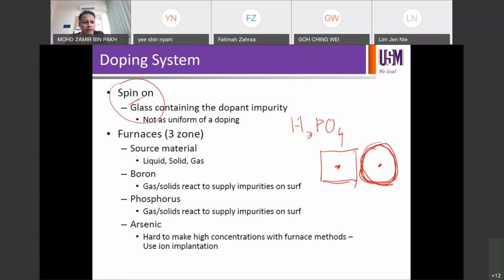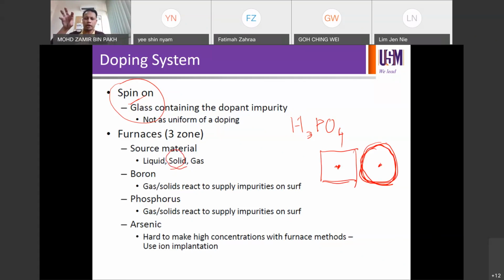Okay, so here everything is the same. For the source material, you need to have either liquid or solid or gas. Another process is to also use the same furnace, but you can use a solid source dopant. We have this in our lab. The solid source is shaped like a disc, like a wafer too.